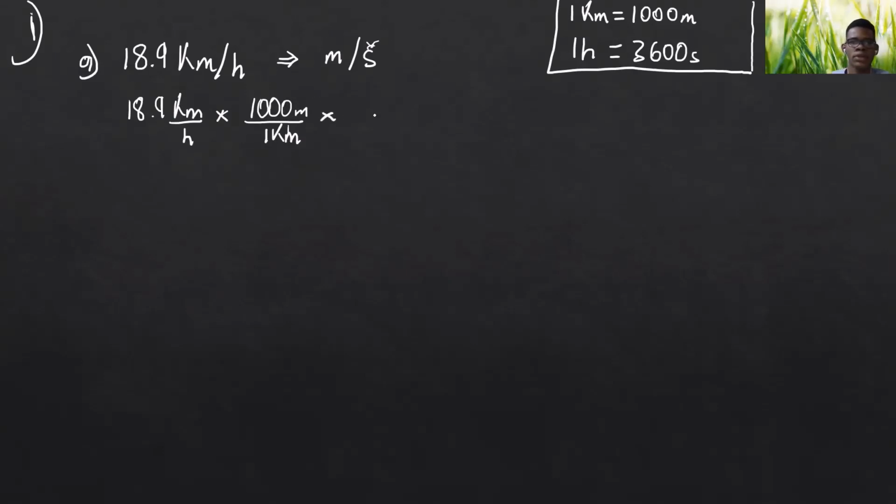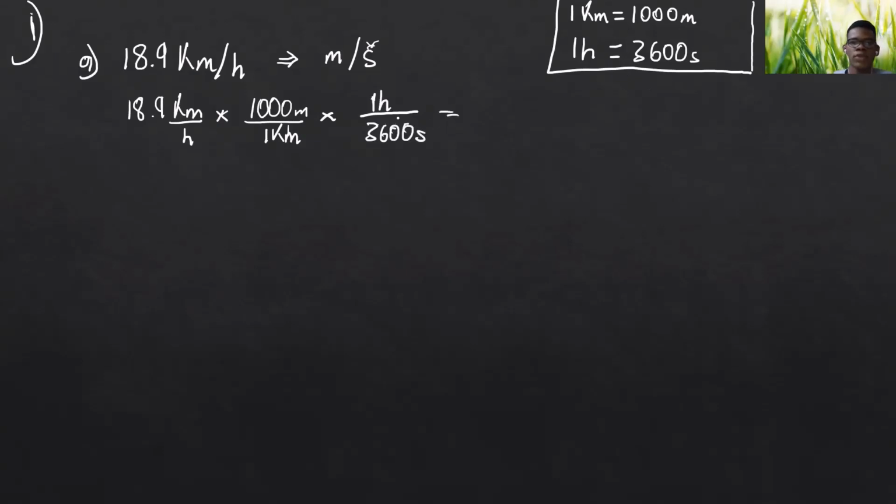We apply the same concept when we're looking to convert hours to seconds. We know it's 1 hour over 3,600 seconds. The hour is in the denominator, so in our conversion factor, the hour will be in the numerator, and the 3,600 seconds in the denominator.